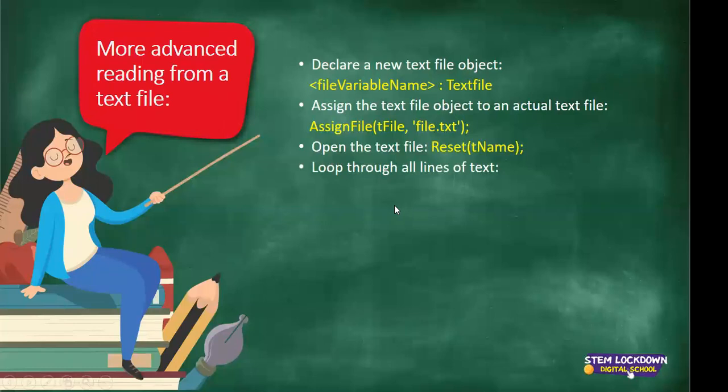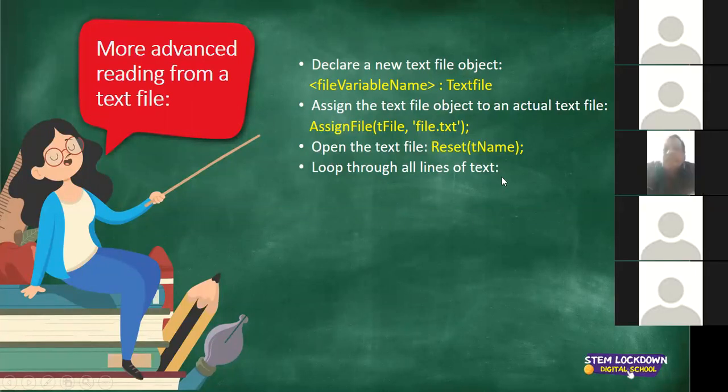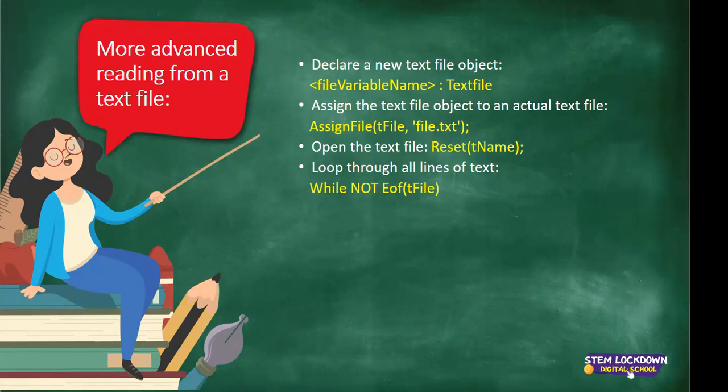So next thing is we're going to loop through all the lines of text. Let's start again. So loop through all the lines of text. We're going to use while not end of file tfile.